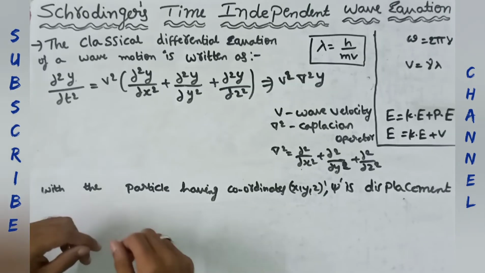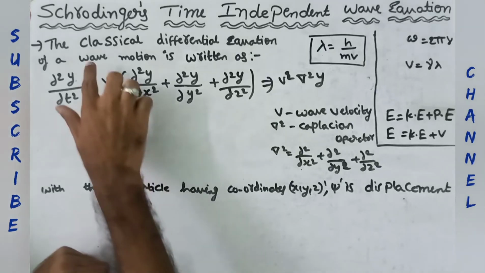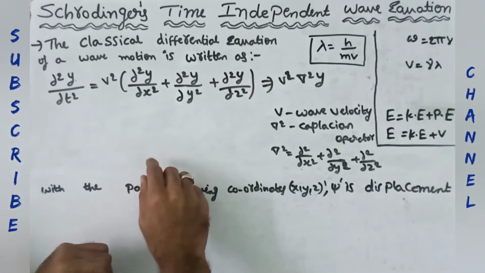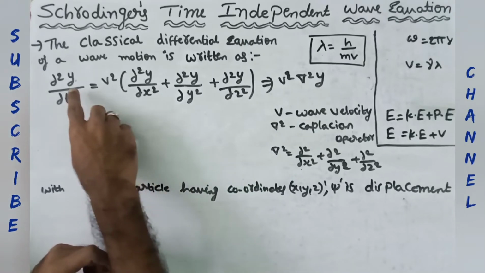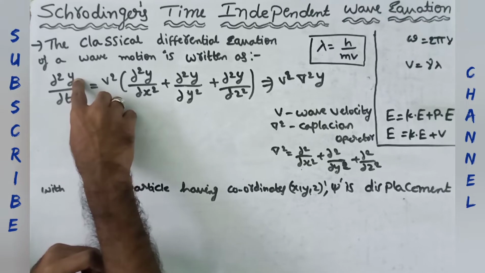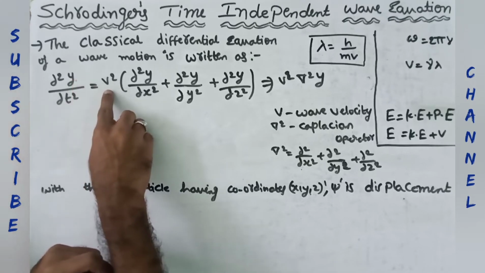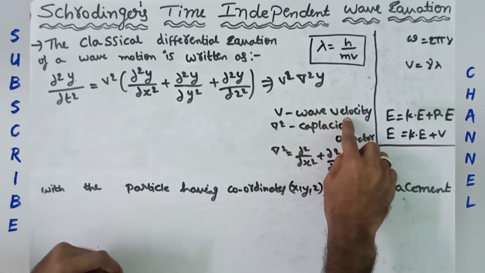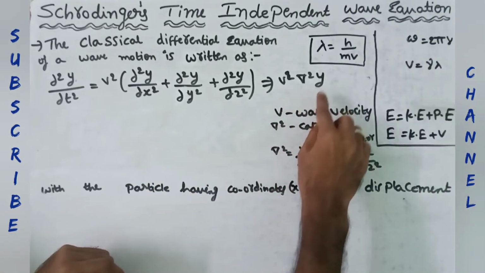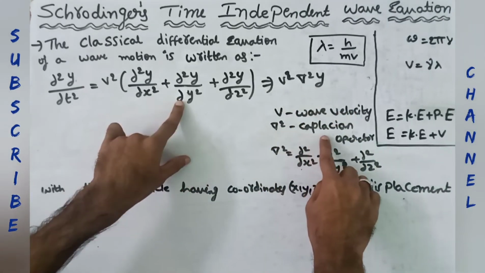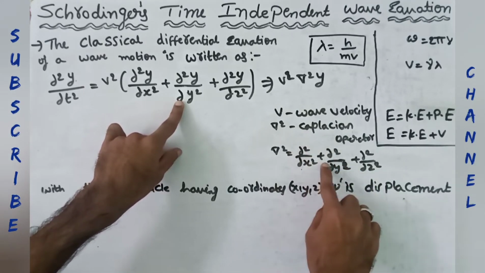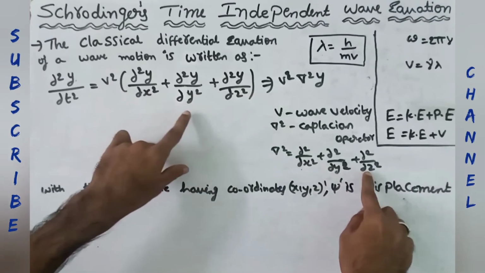Now we are going to derive. The classical differential equation of wave motion of a particle can be written like this. Here in this equation, dou square y by dou t square, y is the displacement, where v is the wave velocity, and we can simply write v square del square y, where del square is the Laplacian operator, which equals dou square by dou x square plus dou square by dou y square plus dou square by dou z square.